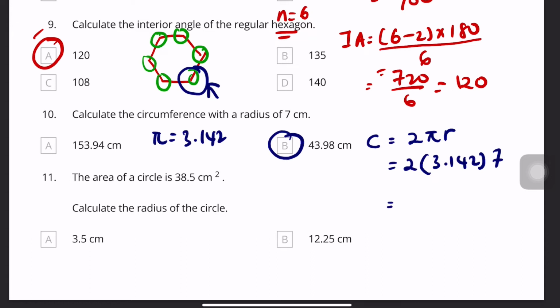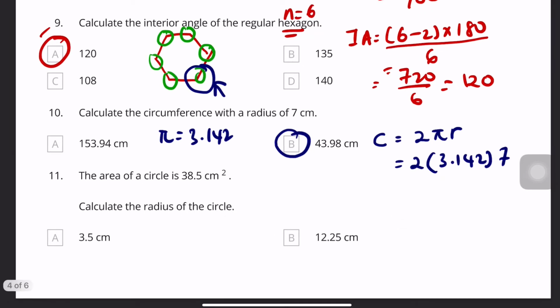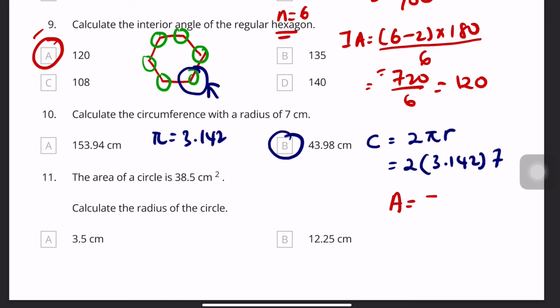Then number 11. The area of a circle is 38.5 centimeter square. Calculate the radius. What is the formula for area of a circle? A, area, equals pi r square. Given the area is 38.5, and pi we use the same value, 3.142, times r square.